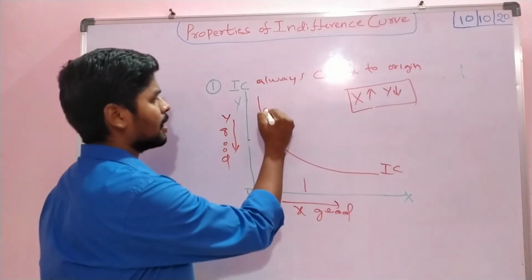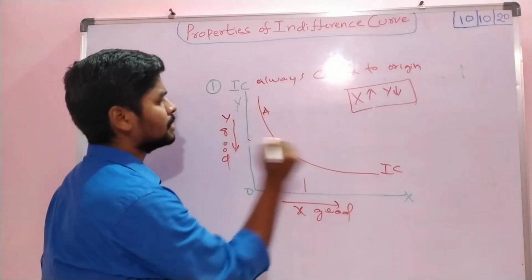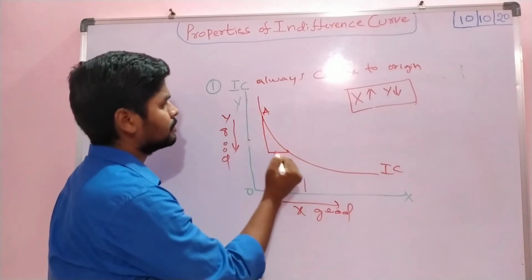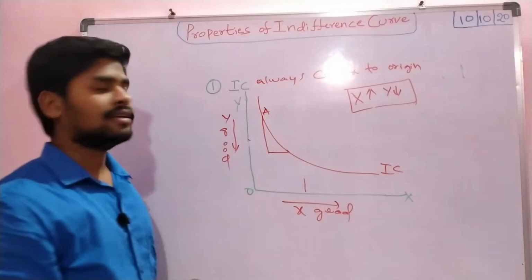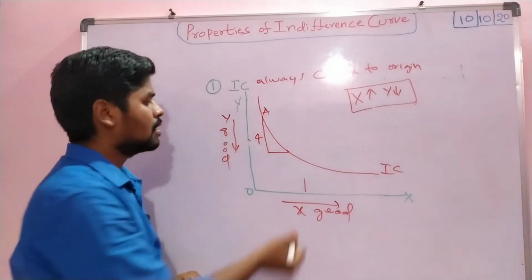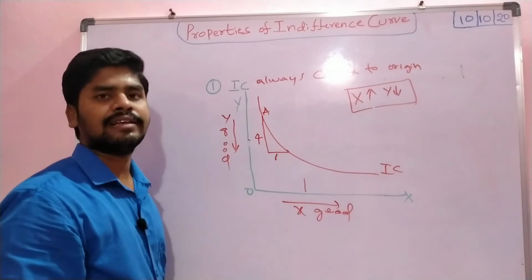Take an example here: combination A, combination B. Here we need to forgo 4 units of y for 1 unit of x.